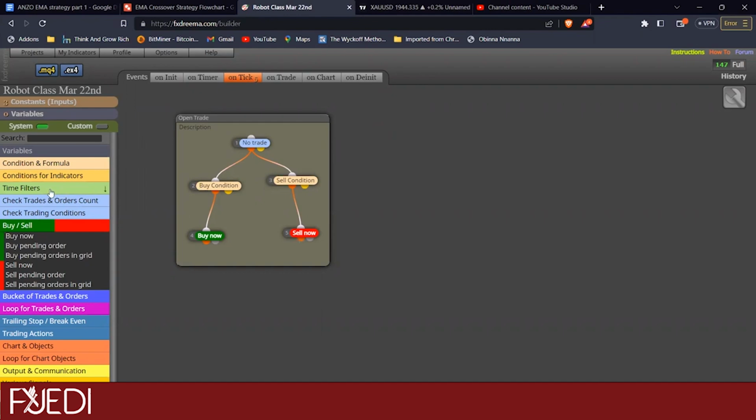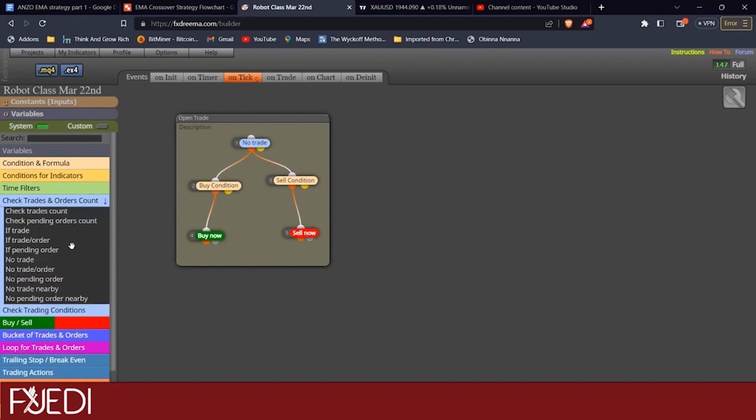So what we're going to do now is build another set of code, another set of functions. I'll go to check trade conditions and I'll say if trade, right? Those of you who understand coding, you understand if-else. So if trade, that means if there's a trade, then look at this place. If there is no trade, this particular line of code will not be executed.